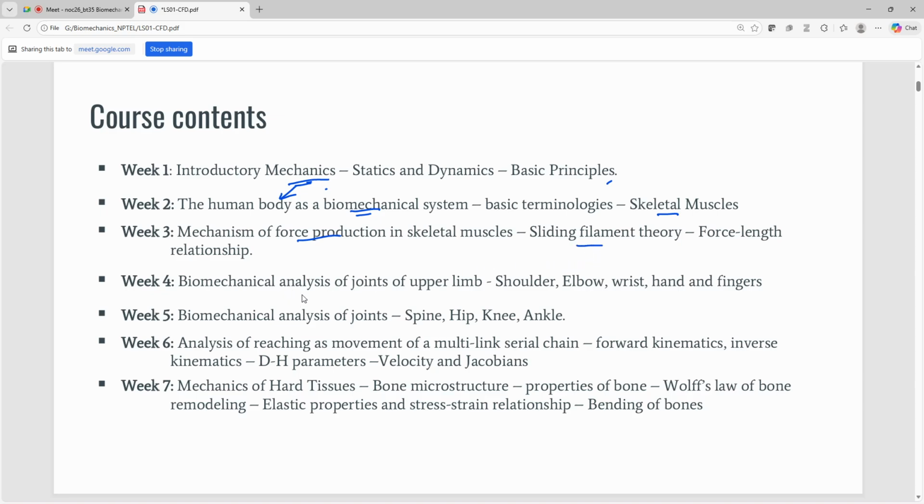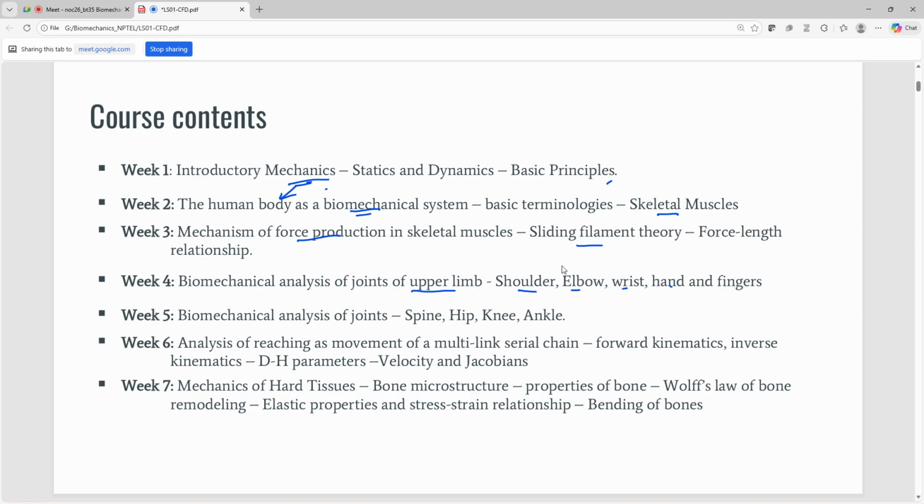And then in the fourth week, the course videos concentrate on how the joints of the upper limb can be analyzed using our laws of mechanics. Upper limb means mostly our hands. When we say human hand, it starts from the shoulder, then goes to the other joints: elbow, wrist, hand, and fingers.